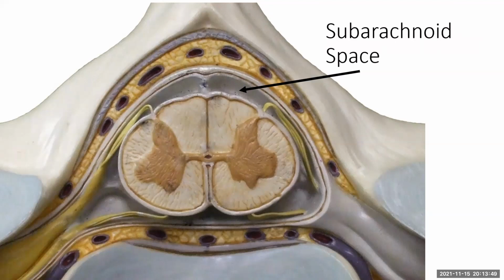So if you need to do a spinal tap on somebody because you suspect maybe meningitis, God forbid if it's bacterial meningitis, that's a pretty rough one, we've got to get our needle into this space. So we have to go in between the bones, and there are some ligaments that hold these bones together, so we have to pierce through those ligaments.